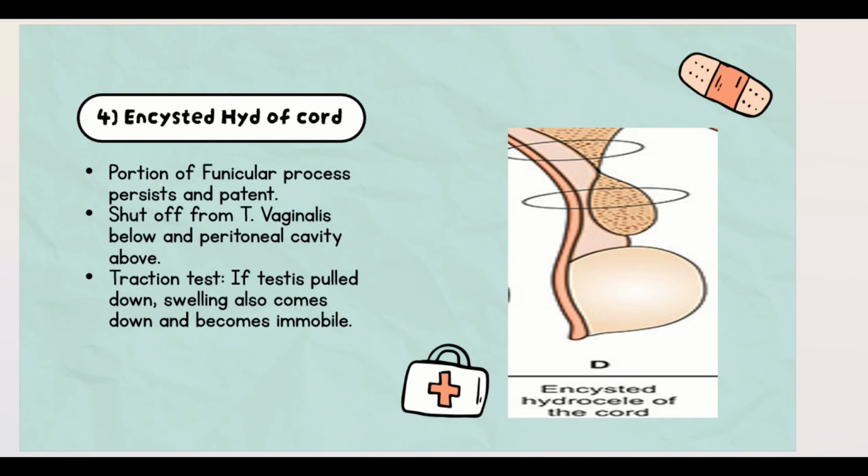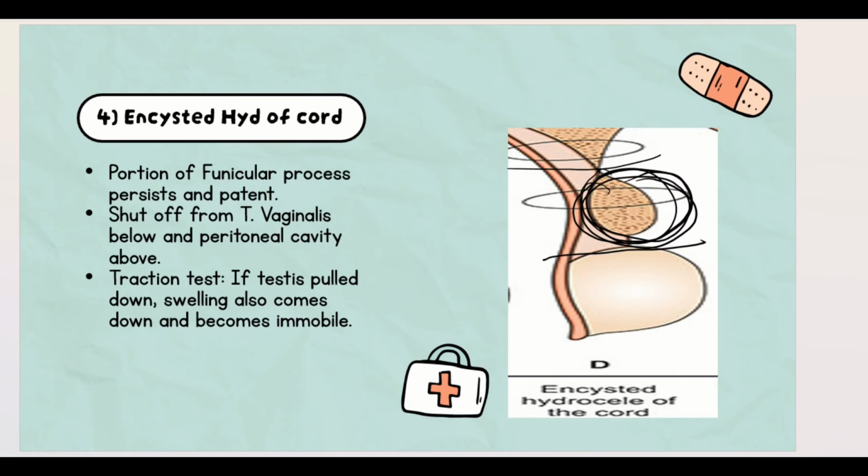Coming to encysted hydrocele of cord. A portion of funicular process persists and remains patent, but this kind of hydrocele, they are shut off from the tunica vaginalis below and peritoneal cavity above.